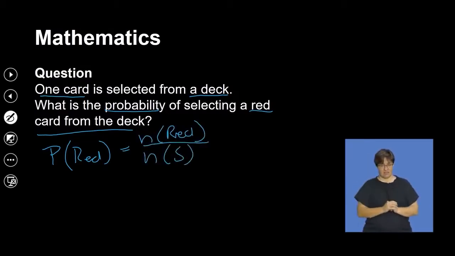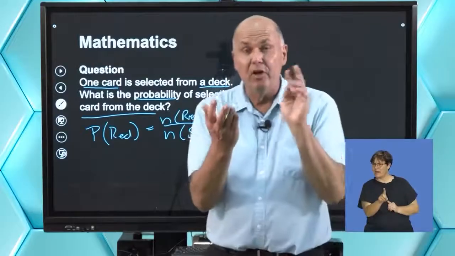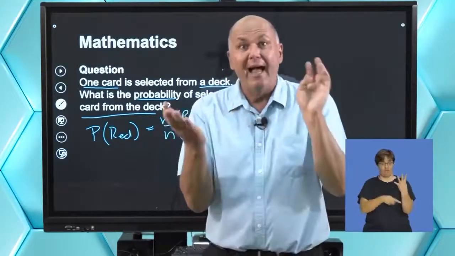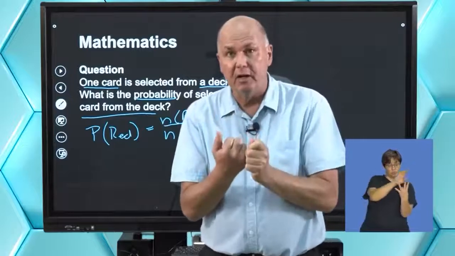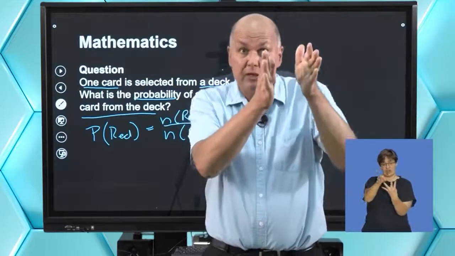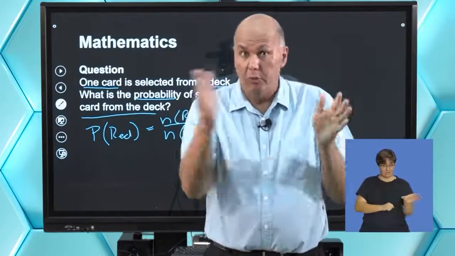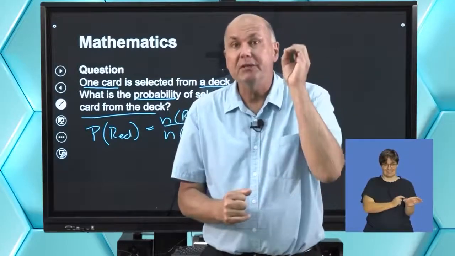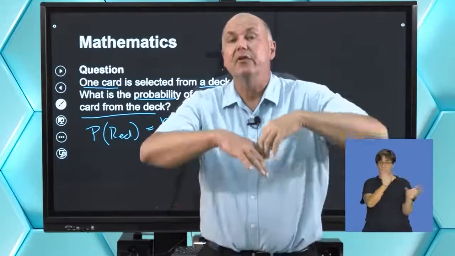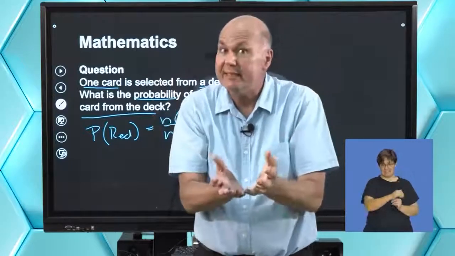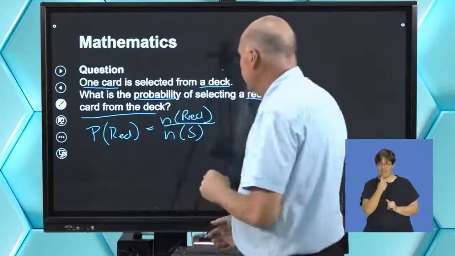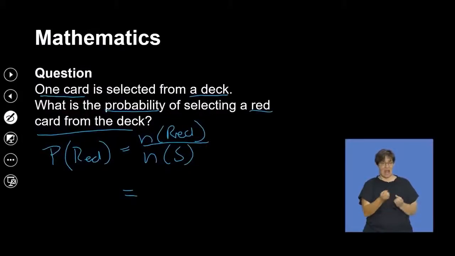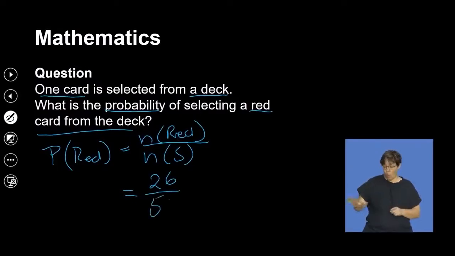Now, if you remember, I said to you there are 4 suits, and in each suit there are 13 cards. There's a suit of hearts, which are red. There's a suit of diamonds, which are red. So 13 plus 13 tells us that there are a total of 26 red cards. And the number of cards in the deck is 52.